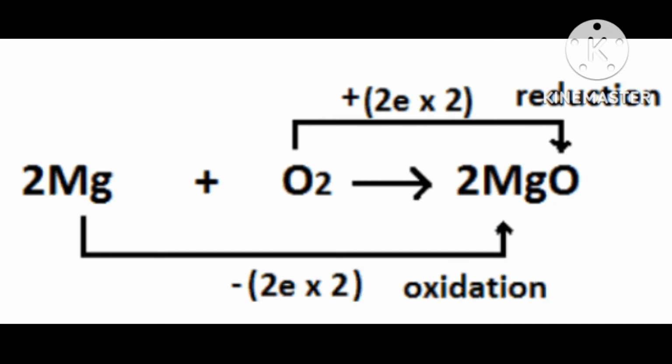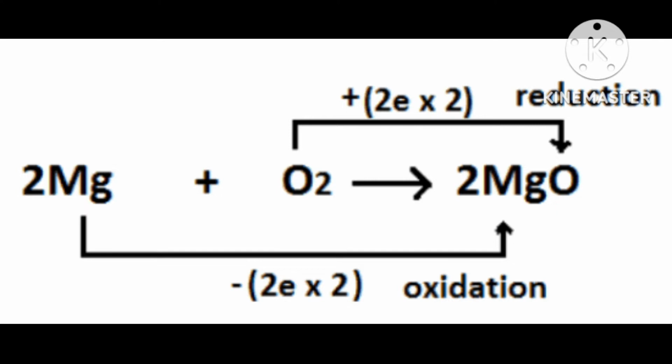Now you can also compare O2. On the reactant side O2 has a zero oxidation state, but in CO2 it became -2. So oxygen has gained 2 electrons.